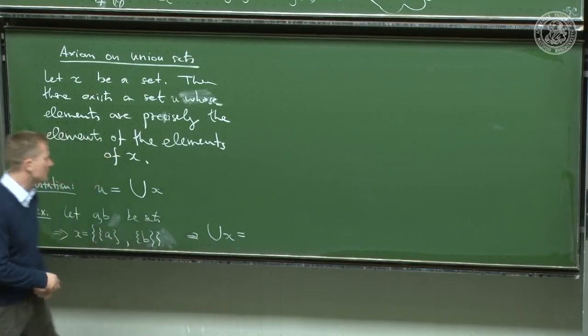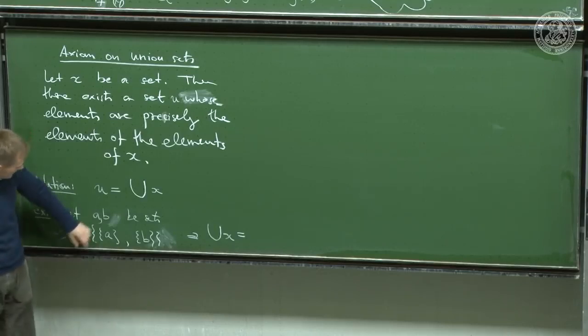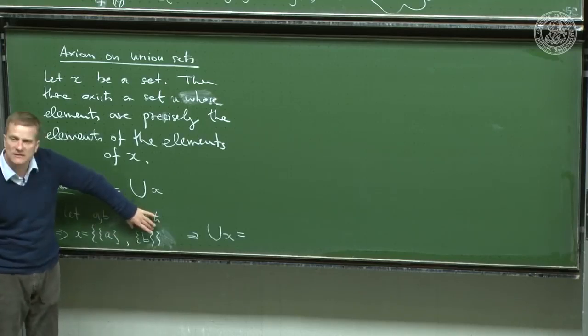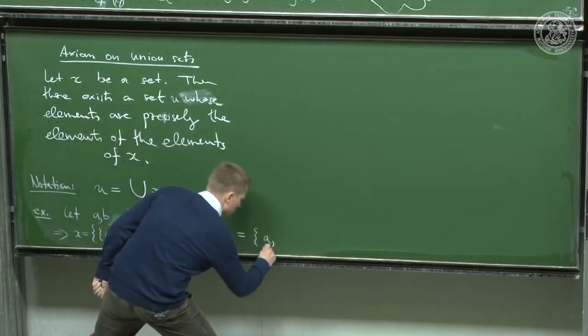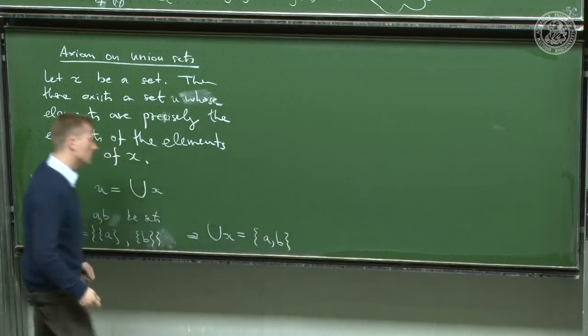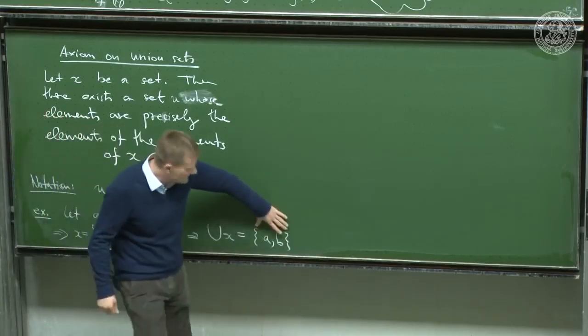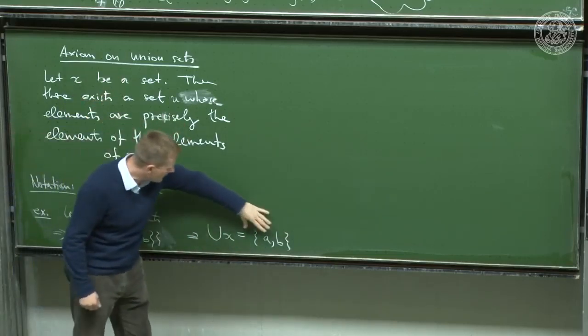Now, what's the union of X? It's the set that contains precisely the elements of X. The elements of X are the set with the element A and the set with the element B. And it contains the elements of the elements. So it's the set AB. And we already know this is a set.